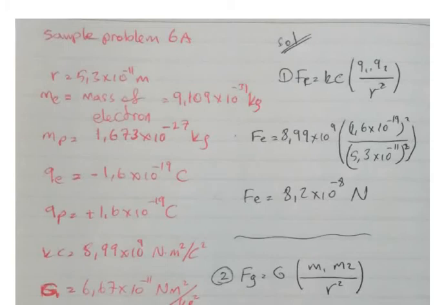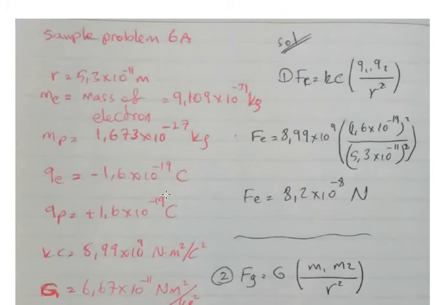If you check, the question says the electron and proton of a hydrogen atom are separated on average by a distance of about 5.3 times 10 to the power minus 11 meters. Find the magnitudes of electric force and gravitational force that each particle exerts on the other.